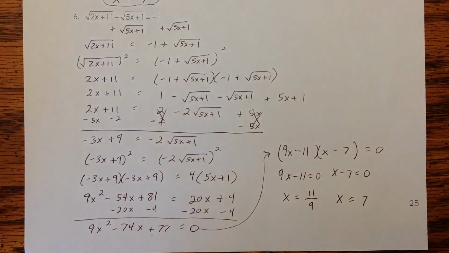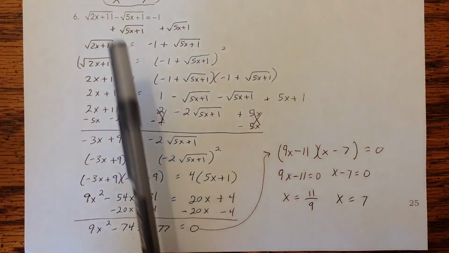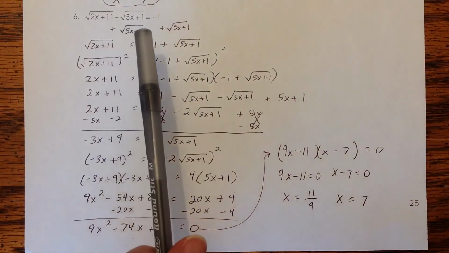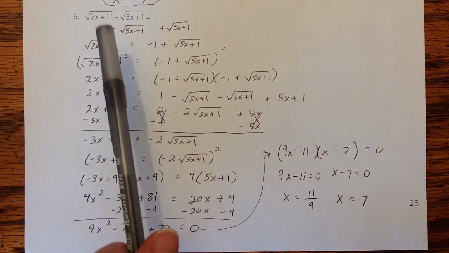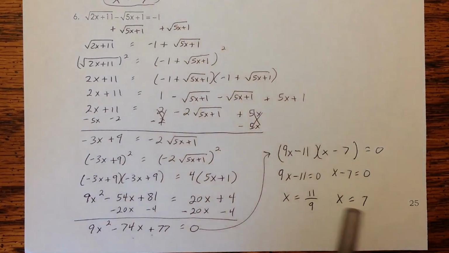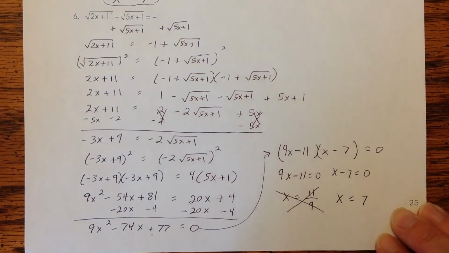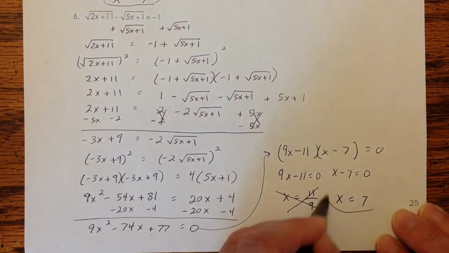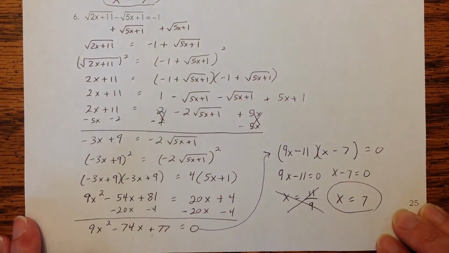You must check these answers back in this equation. You are more than welcome to use a calculator to do so. When you check these answers, 11 ninths does not work, and you may only keep 7.